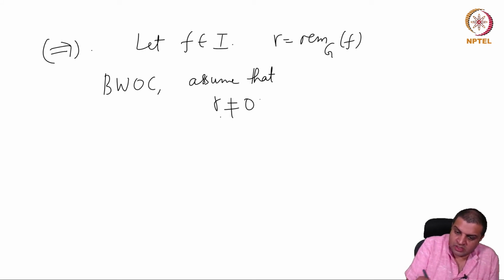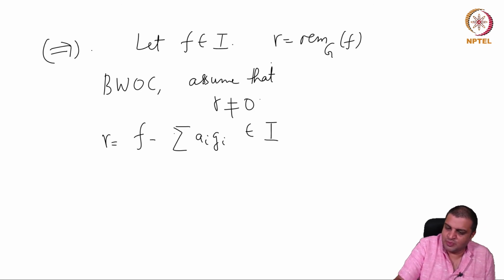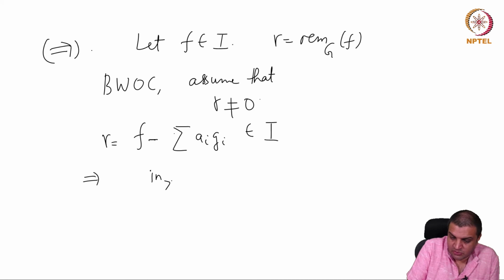But what is R? R is F minus some sum of a_i g_i. This is also inside I. I mean, this is inside I irrespective of whether it's 0 or not. Okay, 0 is also inside I. In other words, now is where non-zero is used: the initial term of R is inside I.